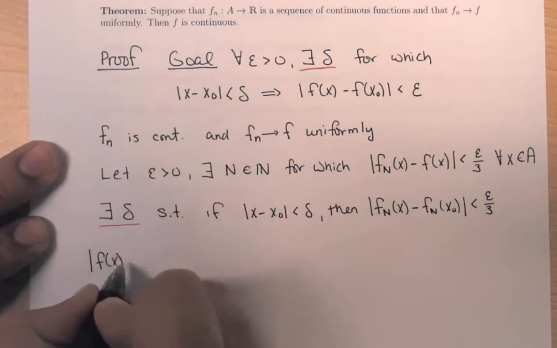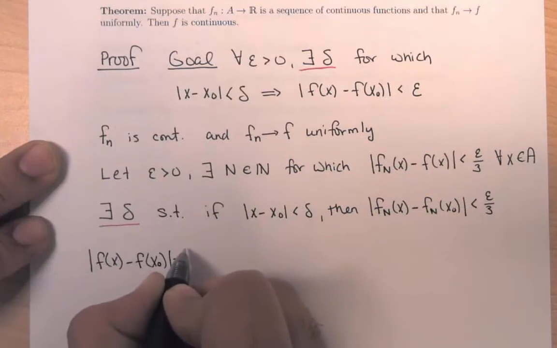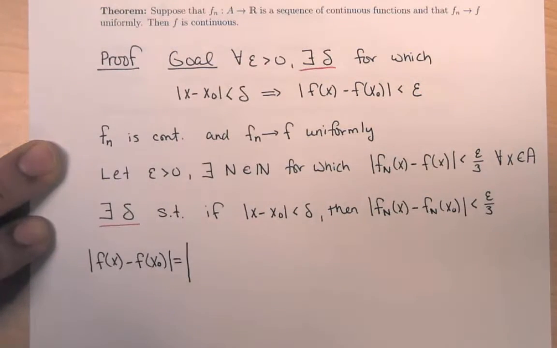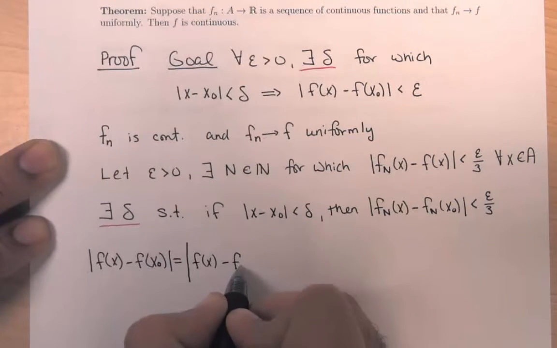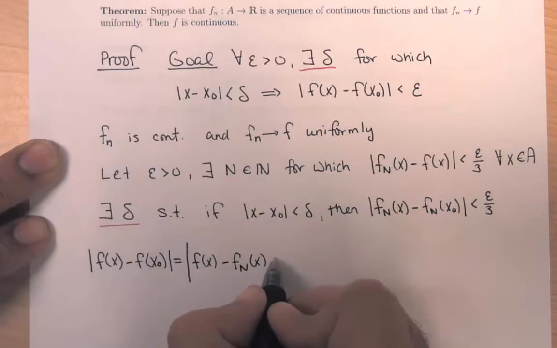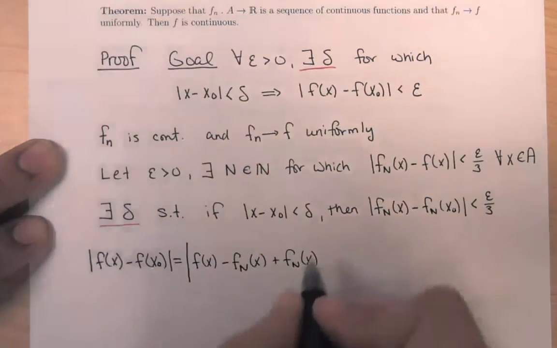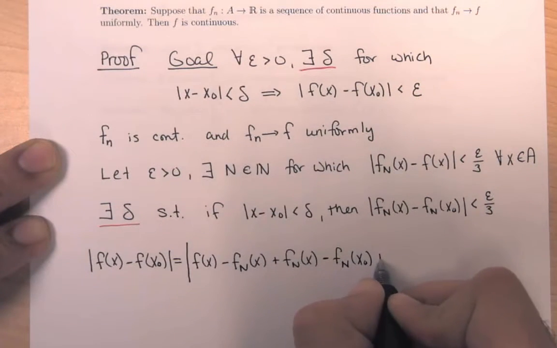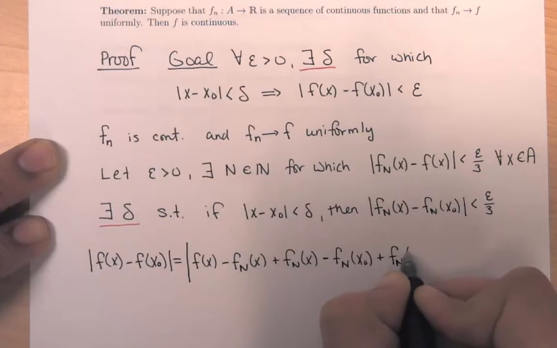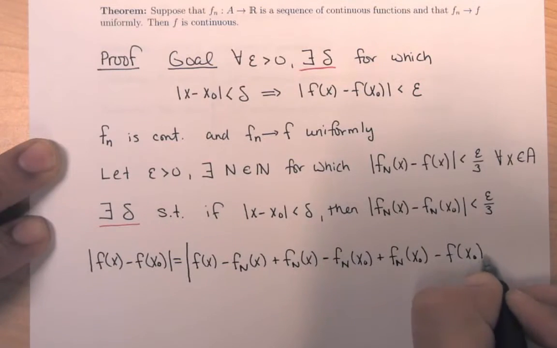Now, let's start working towards our goal. f of x minus f of x naught equals, and here's where we start adding all of our cast of characters, f of x minus fn of x plus fn of x, and by the way, all I've done is add 0 here, minus fn of x naught plus fn of x naught minus f of x naught.